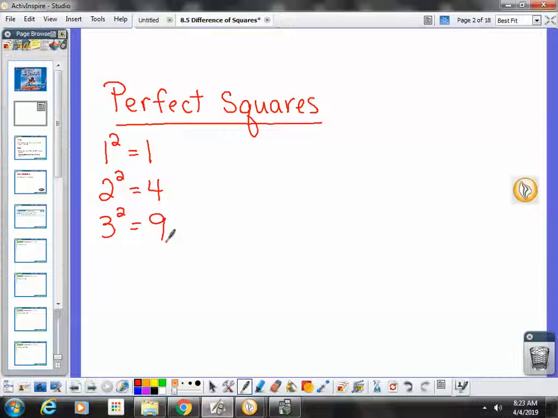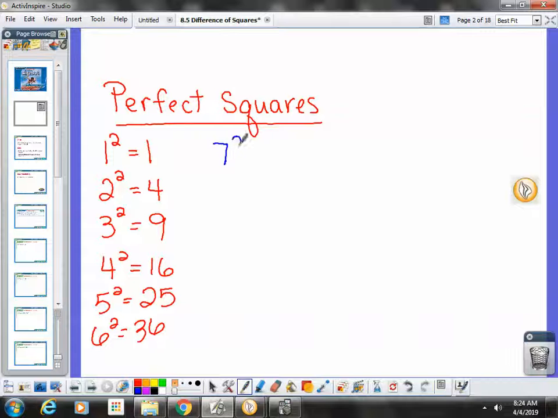What is 4 squared? 16. 5 squared? 25. Please make a list of these in your notes. I think it will be helpful for you as we go through today's lesson. 6 squared? 36.